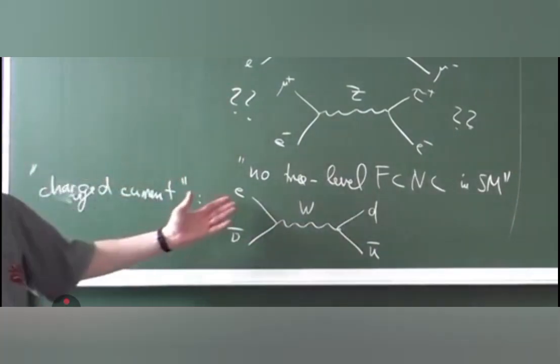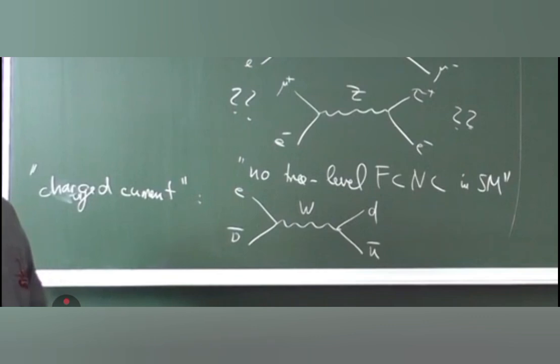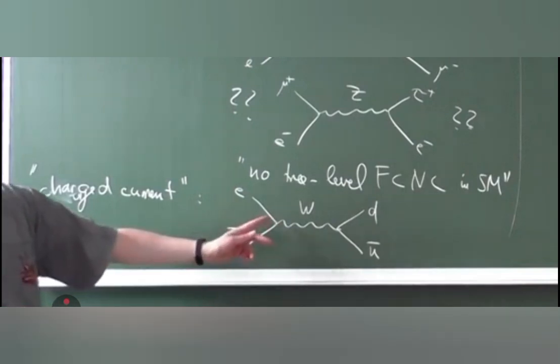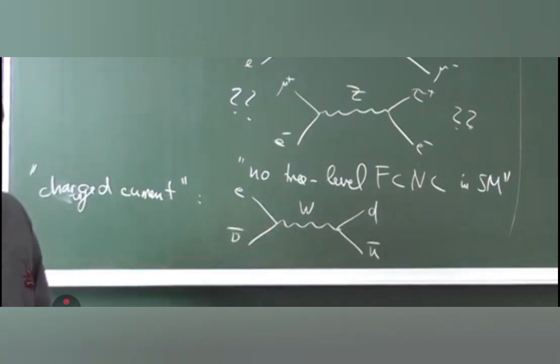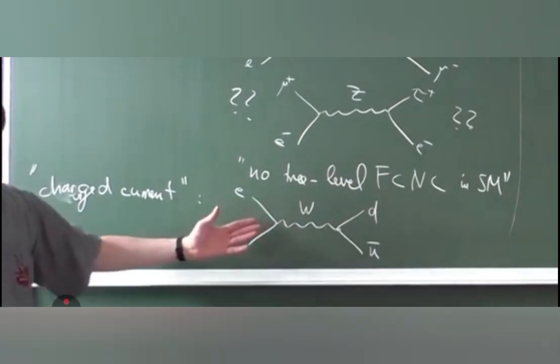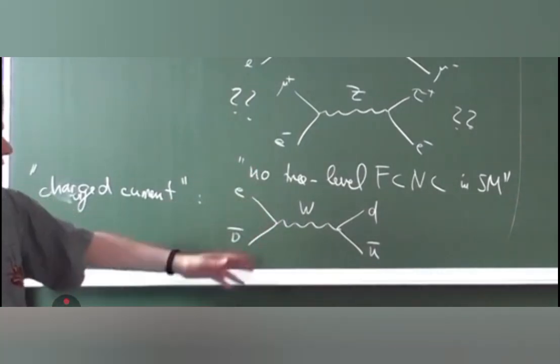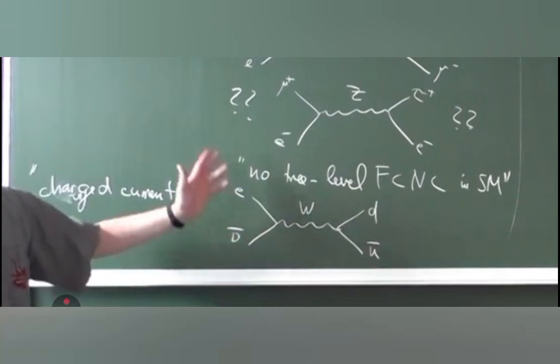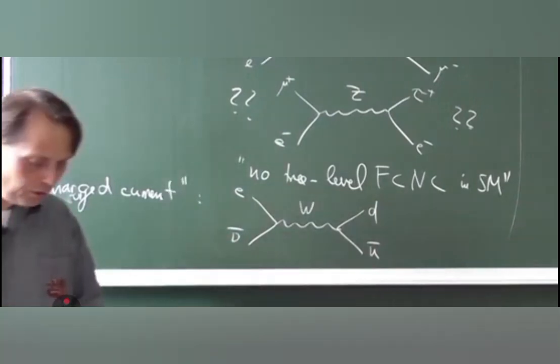This obviously is a charged current process where at each interaction vertex the charge of the respective fermion is changed. Such processes involve muon decay, beta decay, radioactive beta decay, and so on.